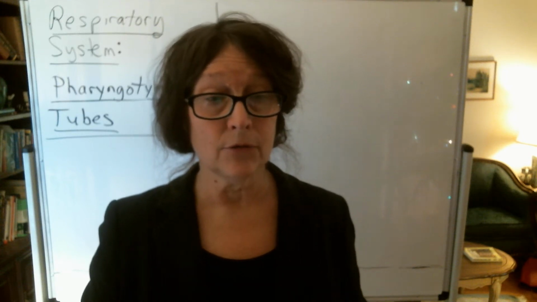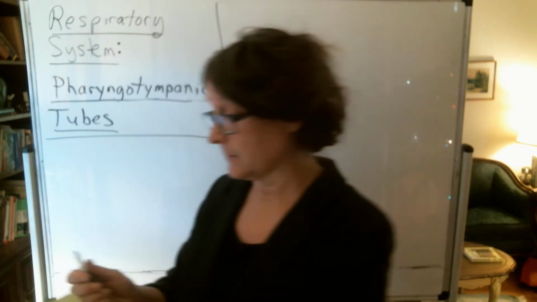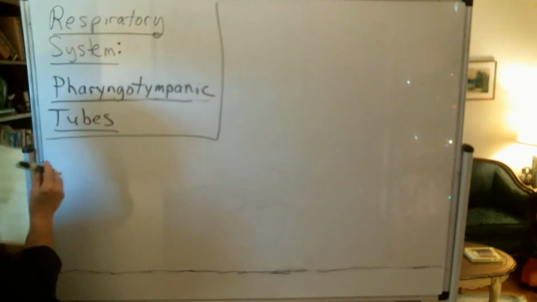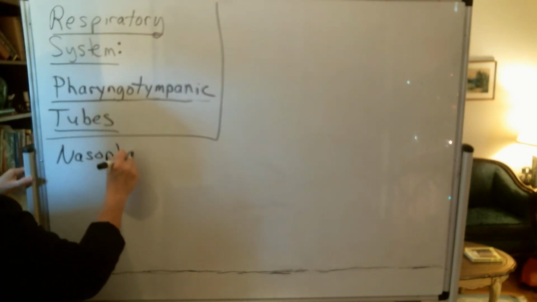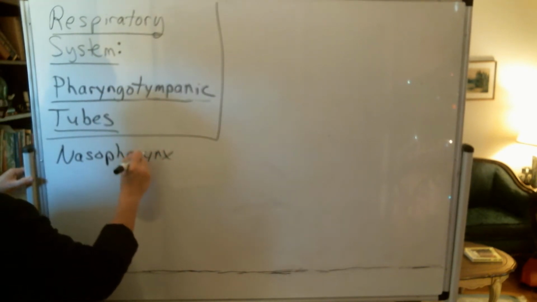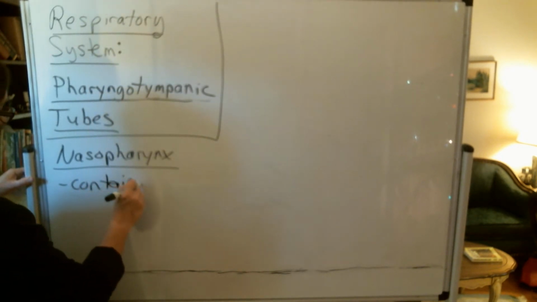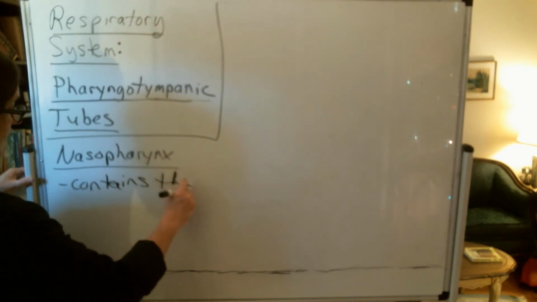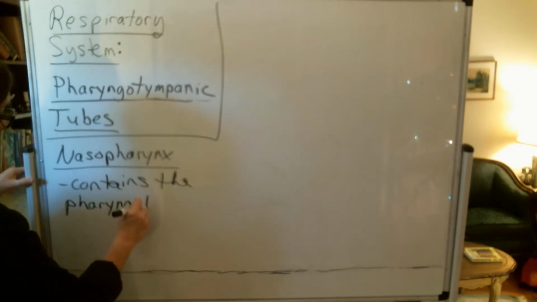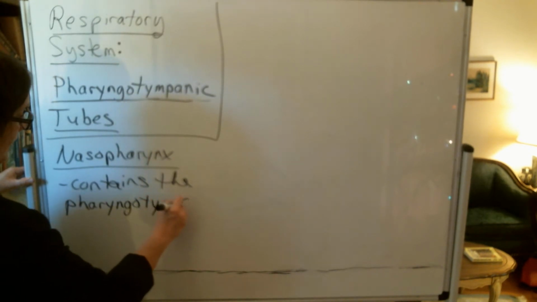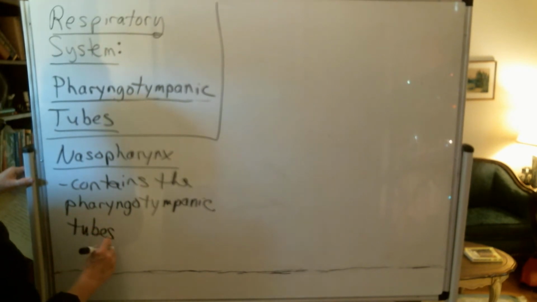One last aspect of the pharynx that deserves some attention is the pharyngotympanic tubes. So the nasopharynx then contains the pharyngotympanic tubes.